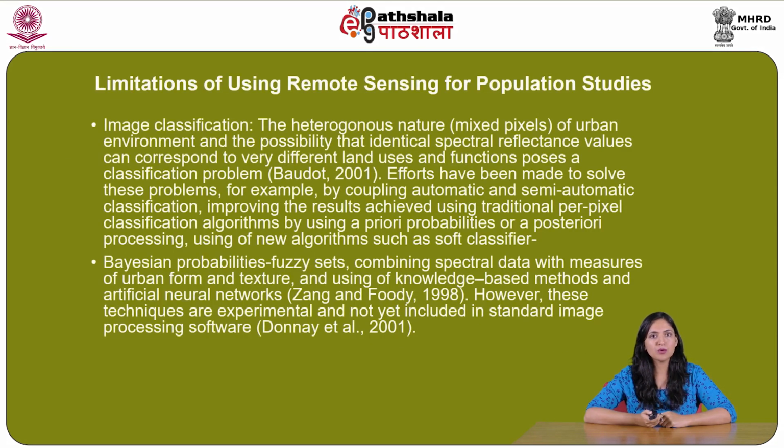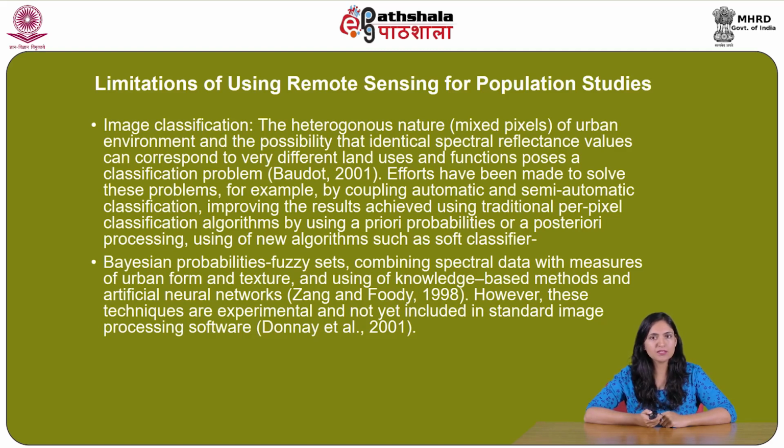Now we will discuss image classification. The heterogeneous nature of the urban environment, which means mixed pixels, and the possibility that identical spectral reflectance values can correspond to very different land uses and functions pose a classification problem.